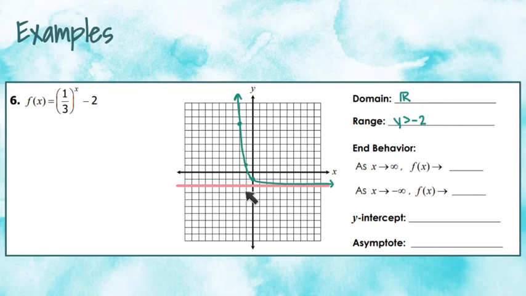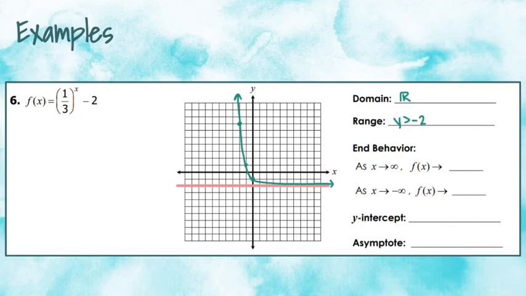Today, our function is above the line y equals -2. So that's why our range will be y is greater than -2. There will be some cases today, because we are doing transformations, where our graph might be down here. And in that case, our range would be less than something instead of greater than, because the values are all below a certain line.